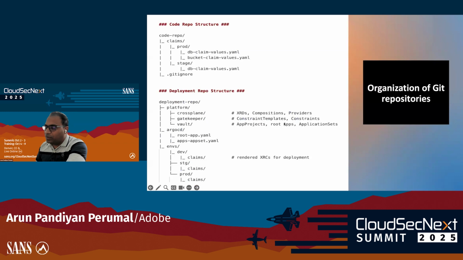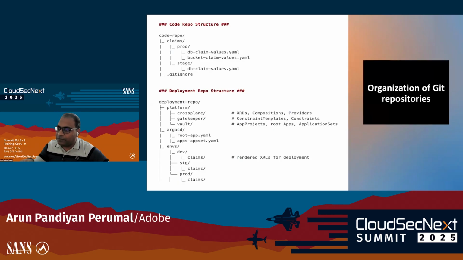So there's an organization, there's a Git repository, like the code repo and the deployment repo. Under the code repo, we have these clients, we have the prod and stage environments. And under this path, the developers or application team places their values.yaml file, their requirements, under the deployment repo structure.